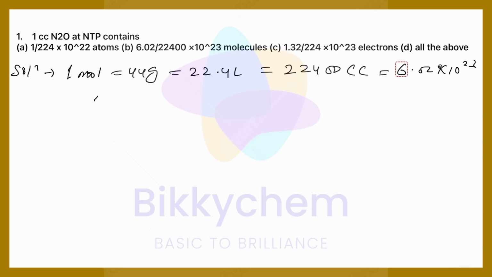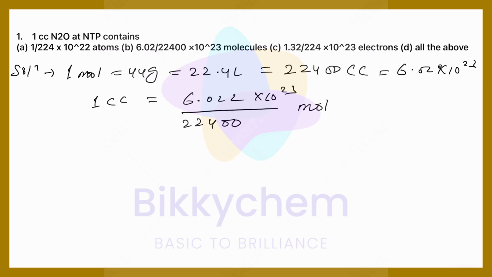So 1 cc means 10 to the power 23 divided by 22400 molecules. That means option B is also right.